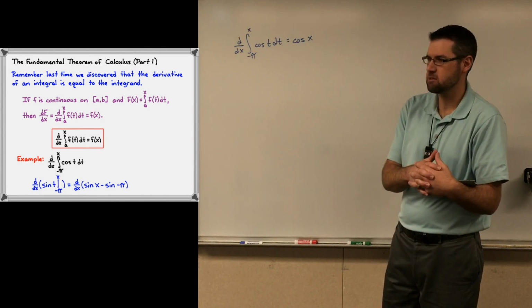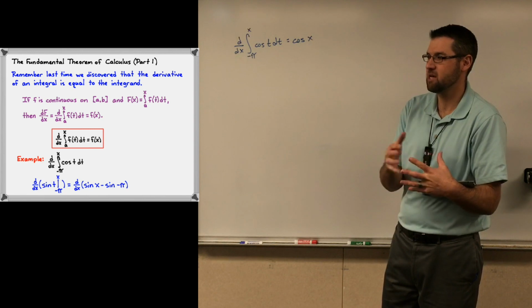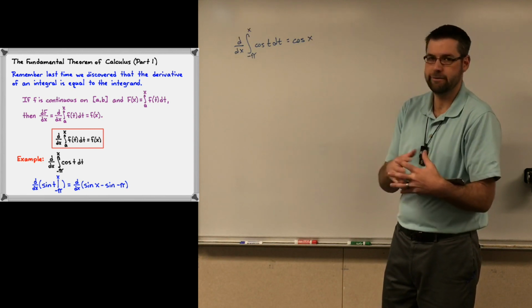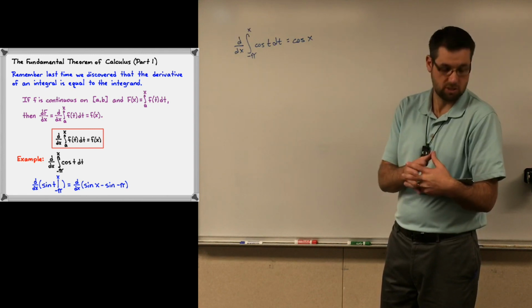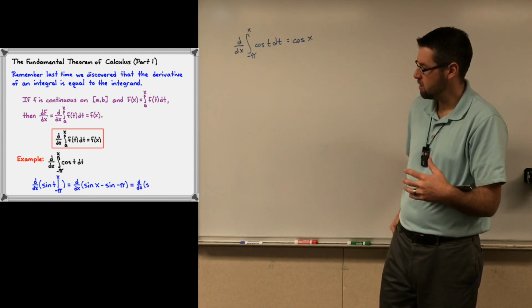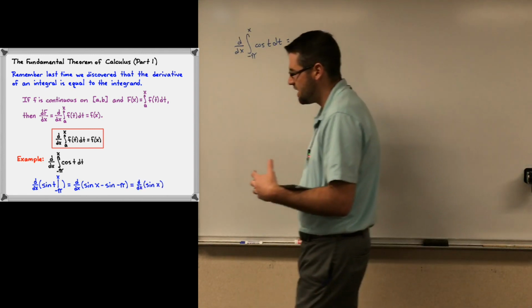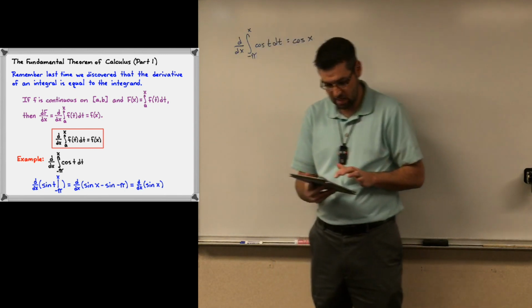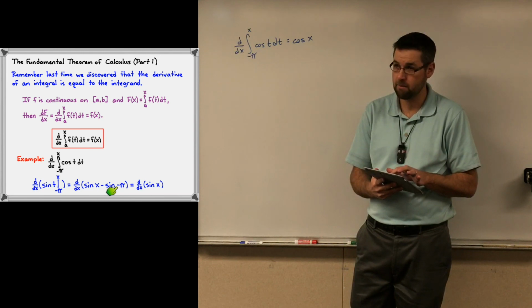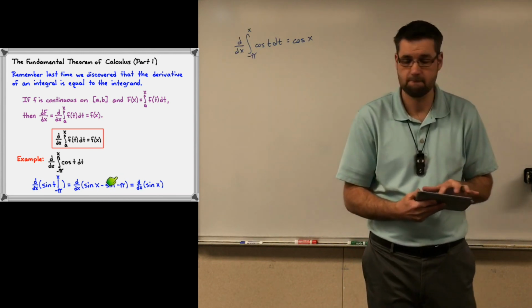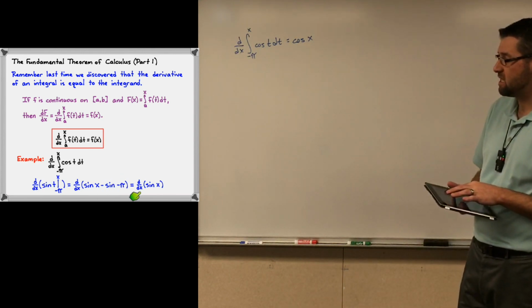So what is sine of x? What is sine of negative pi? 0, right? The key to note is that the sine of any constant is going to be a number here, and it doesn't matter what that number is, because the next step is to take the derivative.